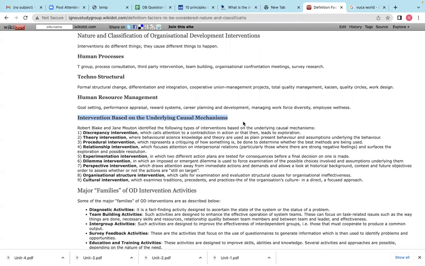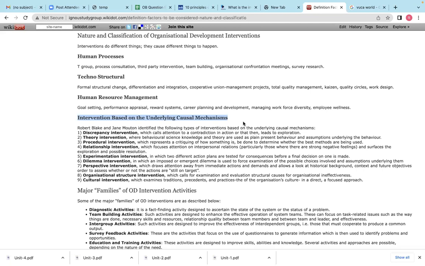Fourth is relationship intervention. I think the name itself is evident here. Any relationship problems. Fifth, experimentation intervention. Okay, so basically it is about doing a POC. You are doing a proof of concept before doing it. You have two methods, and you are just trying to check which one is the best by doing a POC, proof of concept. Six, dilemma intervention.